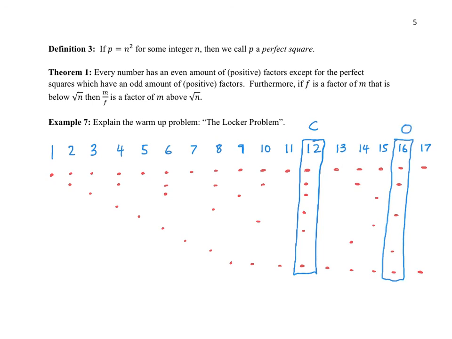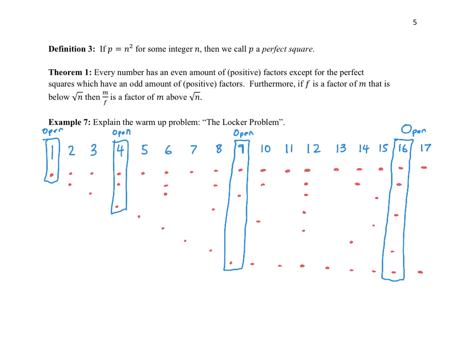So which lockers end up being open? Well, let's circle those ones. So we get 1, 4, 9, and 16 as open. And these happen to be perfect squares, right? 1 squared, 2 squared is 4, 3 squared is 9, 4 squared is 16. So all of the open lockers are perfect squares.